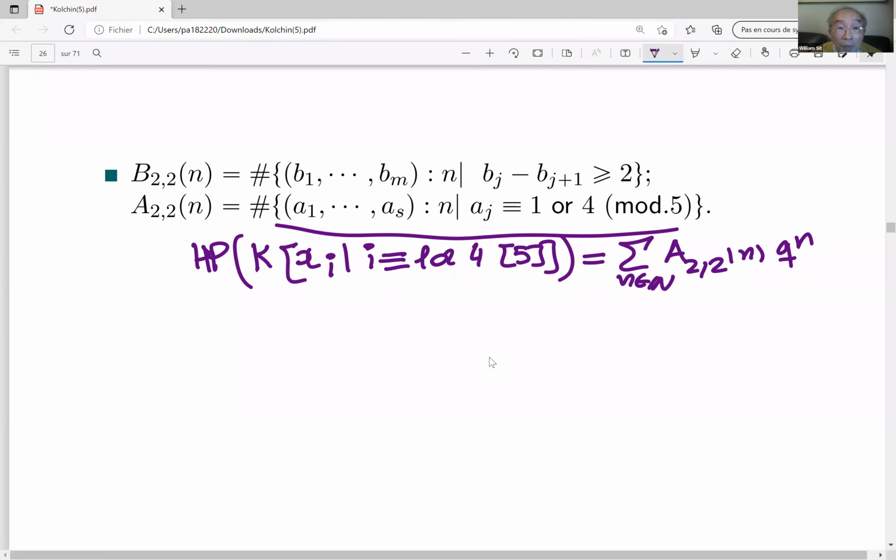Can you do that for arbitrary kinds of ideals that have the same Hilbert polynomial? I didn't think about it, but I'm not sure. Maybe we can do it, but I have to think about it. I can't answer you now.